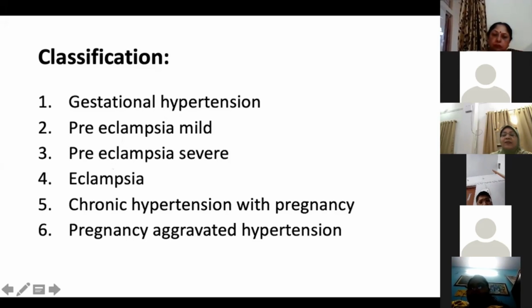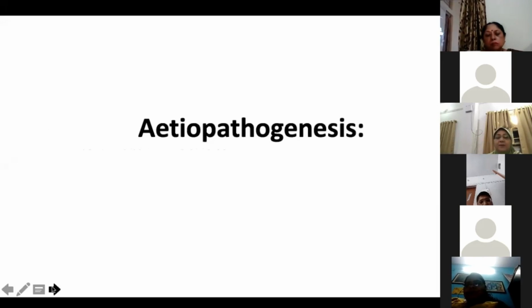Pregnancy aggravated hypertension is when a patient with chronic hypertension becomes pregnant and now develops superimposed preeclampsia, mild or severe, or eclampsia. So these are the different types in the spectrum of the disease that you see.